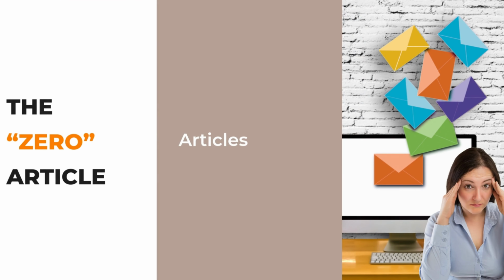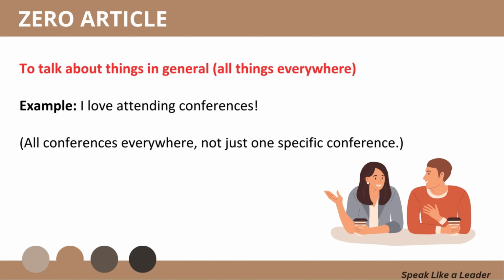Now let's look at the zero article as we call it, and these are situations where you don't need to use any article. You don't use a, an, or the. So you don't need any article when you want to talk about things in general, all things everywhere. For example, I love attending conferences in general.